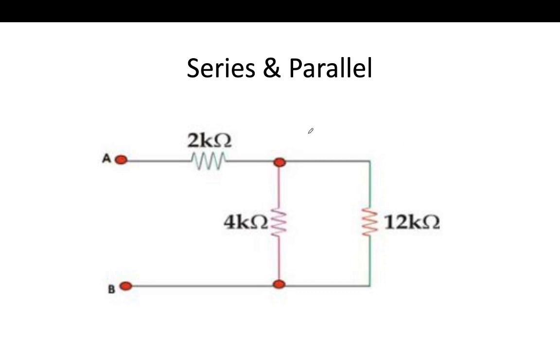So now we have a circuit and we check if it is a series or a parallel. So this is the starting point. This is the ending point of this resistor, and this is the starting point of this resistor, ending point, this is ending point, this is starting point, this is ending point, and this is starting point.